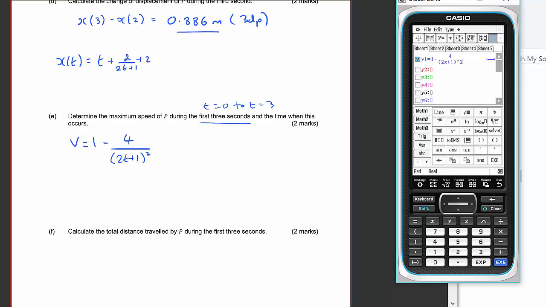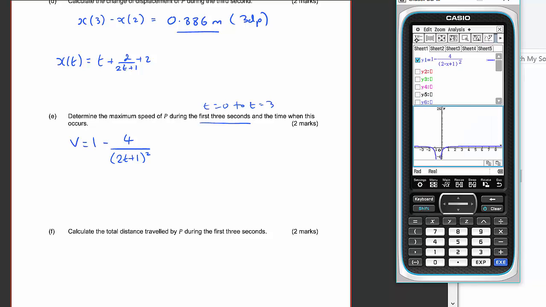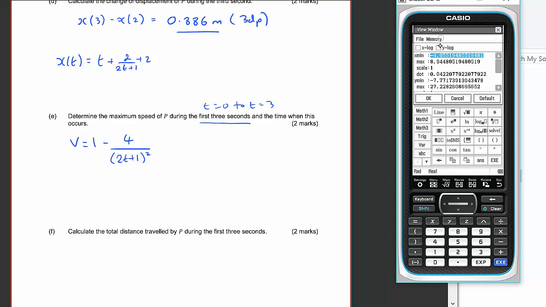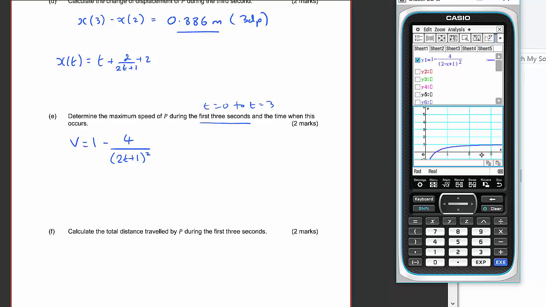So let's just graph that. Now we're only interested between 0 and 3, so I might just go from, say, negative 0.5 up to 3.5, and I can see the y's, there wasn't much of that, so let's go negative 1 to maybe 6 or something like that, and then we get a good picture of it here.